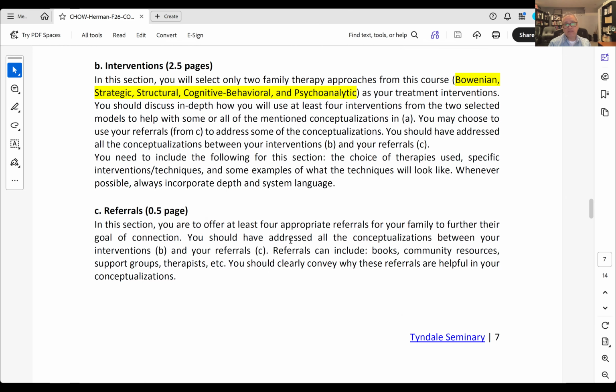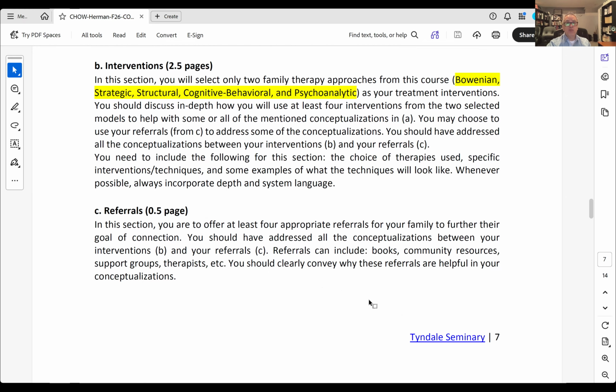Referrals can be anything from books, community resources, support groups, referral to other therapists, etc., right? But you should also clearly convey why those referrals are helpful. Again, it doesn't have to be very long. You don't have to write a whole essay around it. You only have half a page to discuss 4 referrals, but just clearly indicate what they are and how they're helpful. Okay.